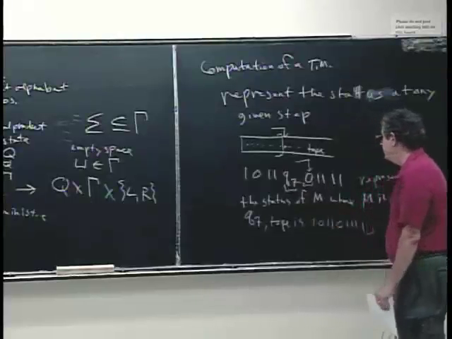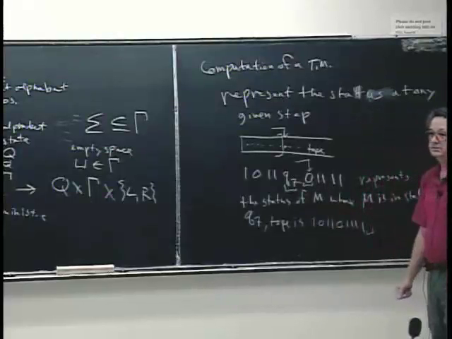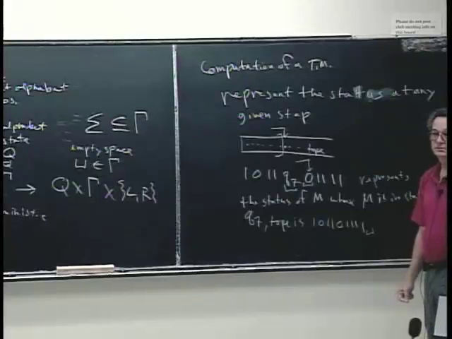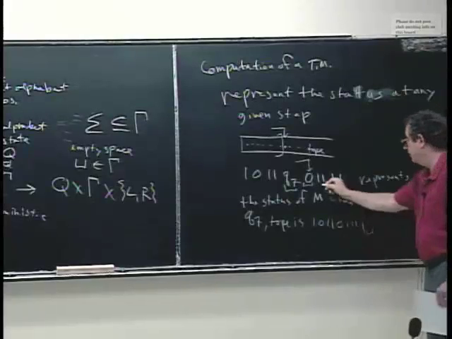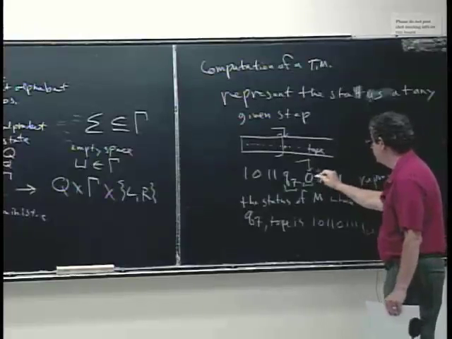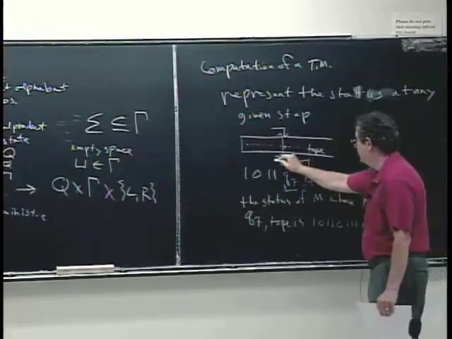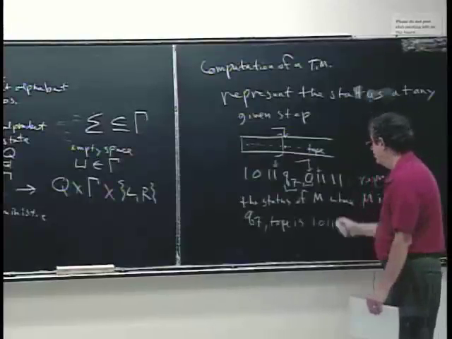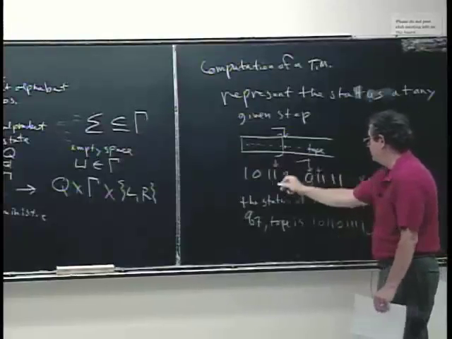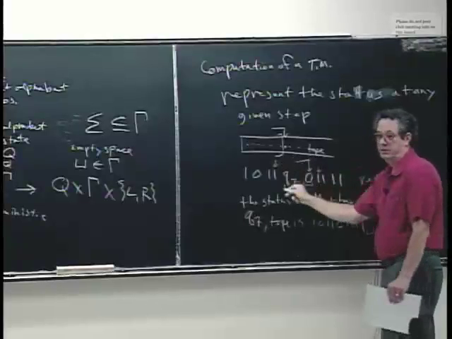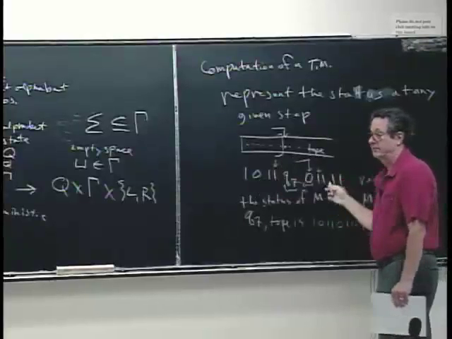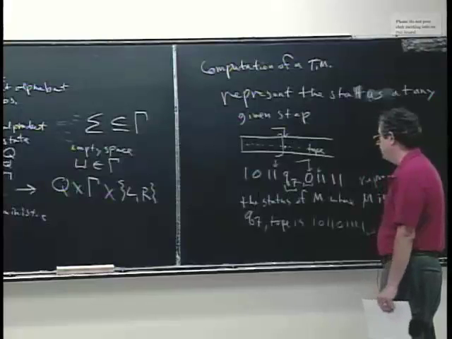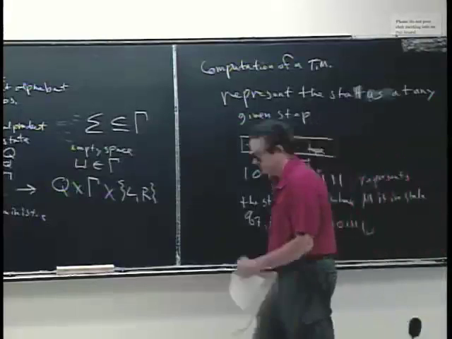And then where is the read head? Well, it could be here. That's possible if we do a right move, or it could be here if we do a left move, okay? So we're going to be changing the configuration in a fairly small part of the whole configuration. All right.